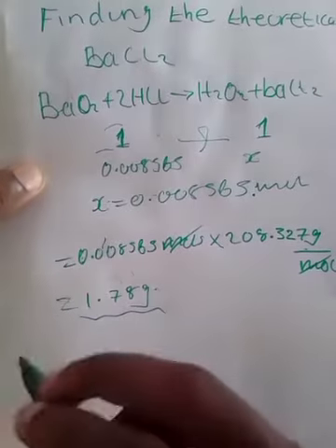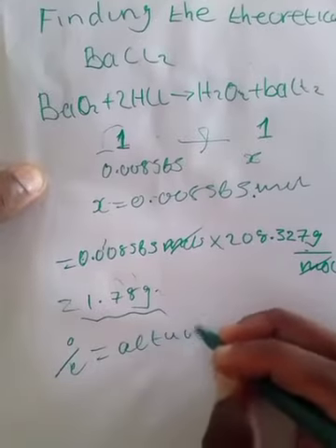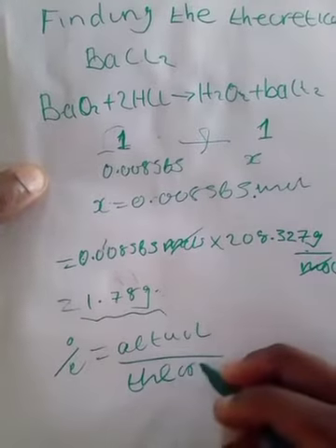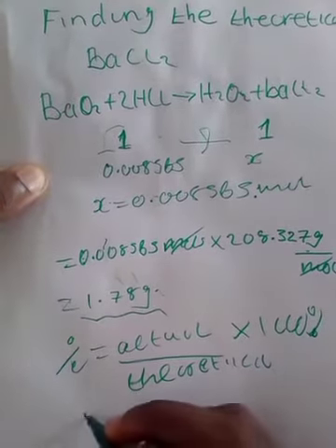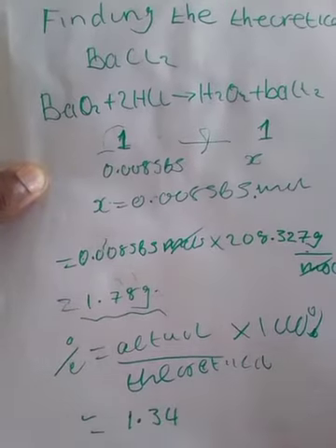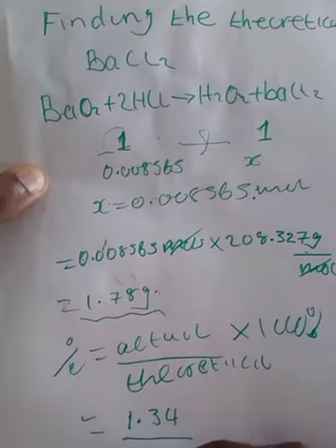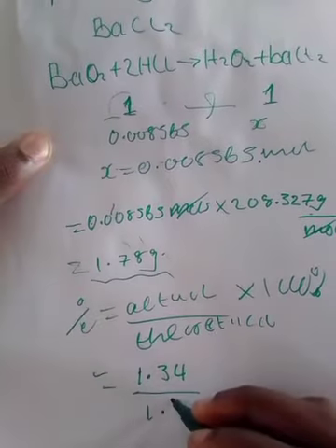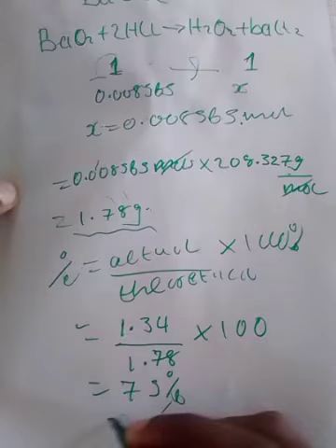The actual yield is the one that is in the question. So you're going to use the formula, which is actual over theoretical times 100%. You're going to write 1.34 over 1.78 times 100, and that is going to give you 75%.